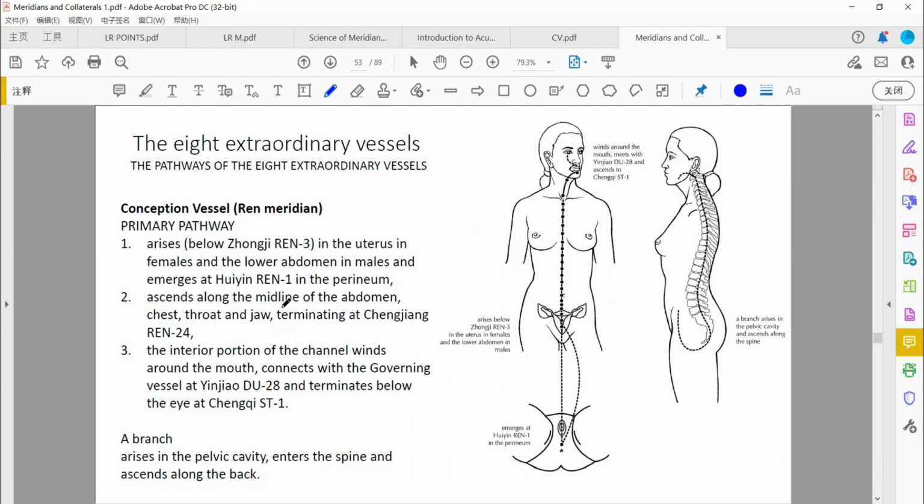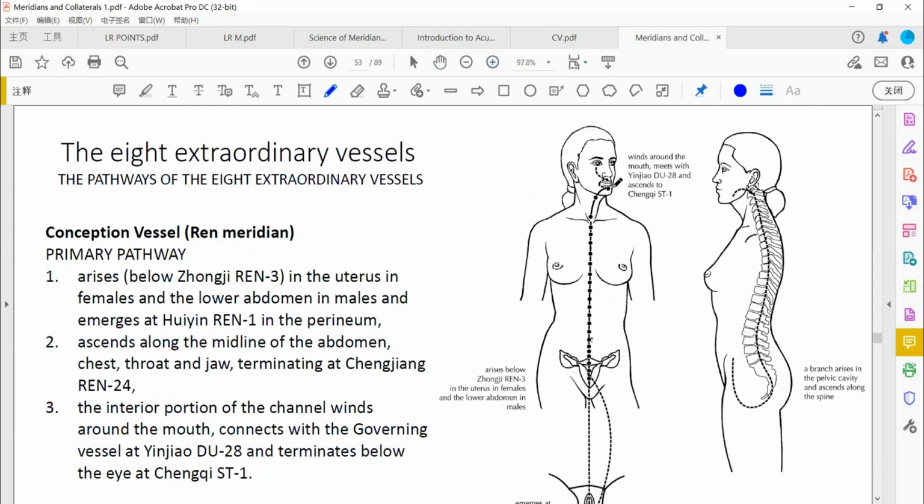It ascends along the midline of the abdomen, chest, throat, and jaw. Goes up. It terminates at Chengjiang, CV24, this one here.